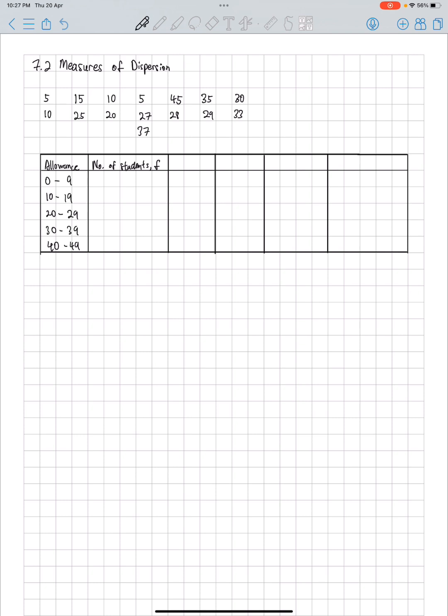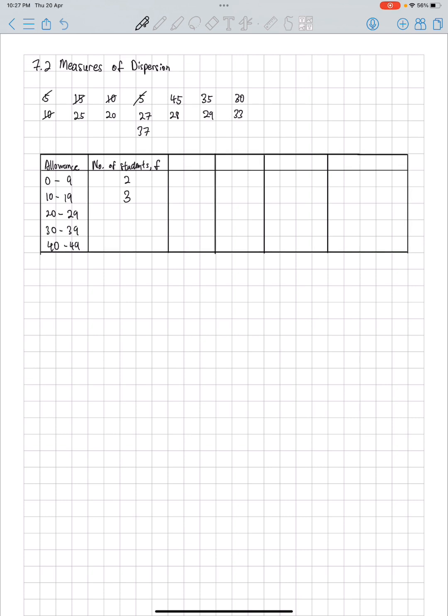Number of students, so like 0 to 9 we got only 5 and 5, so the frequency will be 2. Then 10 to 19, 10, 10, 15, so 3, right?